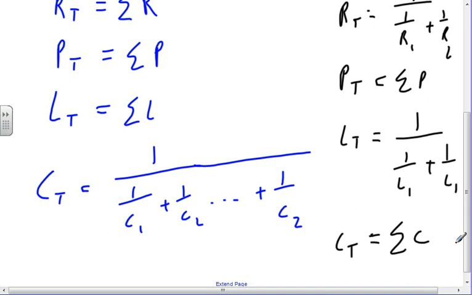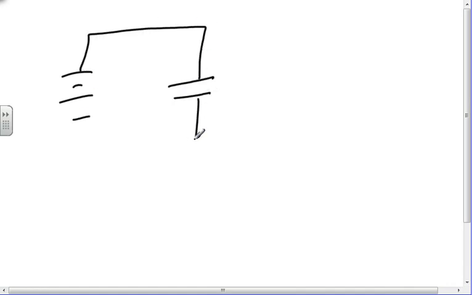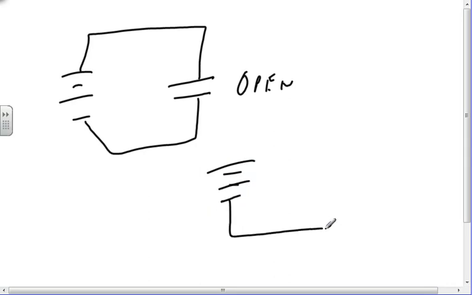Now, if I have a battery and I put a capacitor in there, this guy's going to act as an open. If I have a battery and I put an inductor in the circuit, it's going to act as a short.